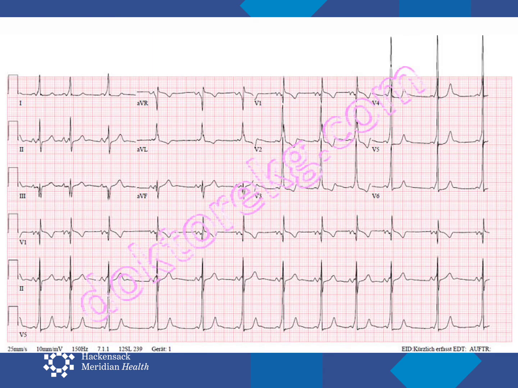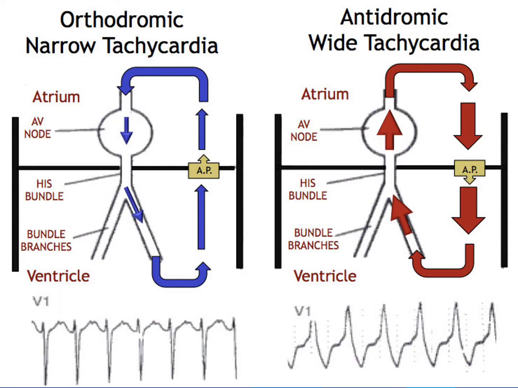Take a look at this tracing. This is a typical WPW tracing. It shows a short PR interval, and it also shows kind of a slurred upstroke from the PR interval right into the QRS complex. Now, WPW is dangerous because these people are prone to tachycardia, atrial fibrillation, and supraventricular tachycardia.